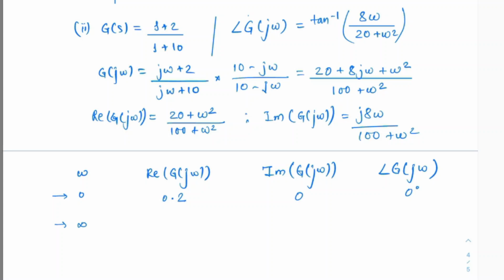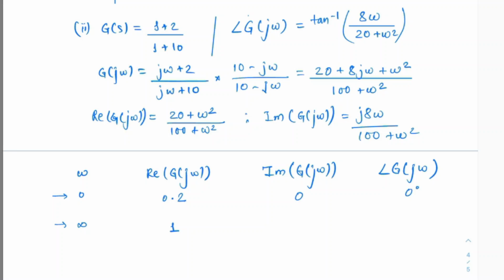When omega tends to infinity, we have a quadratic polynomial in the numerator and a quadratic polynomial in the denominator, and the coefficients happen to be the same. So if we take the limit of omega tending to infinity, this would be infinity by infinity, and if we solve this limit, it would come out to be 1.